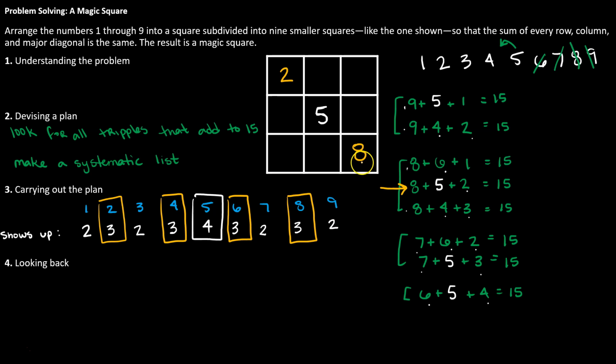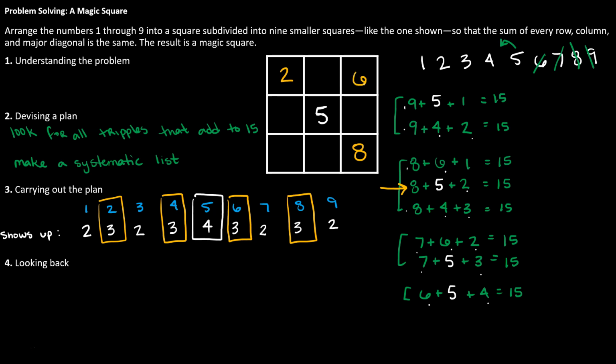We know 4 and 6 belong in the corners, but 4 and 6 would not work in this corner because we need this diagonal to add up to 15. That requires it to be an 8. Let's go ahead and pick another number to go in our top right corner. It can either be a 4 or a 6. Let's pick a 6.